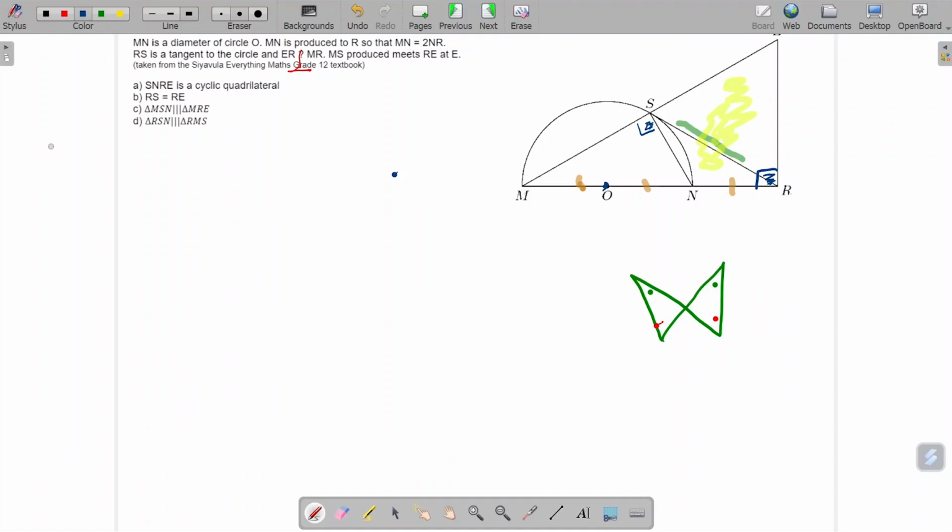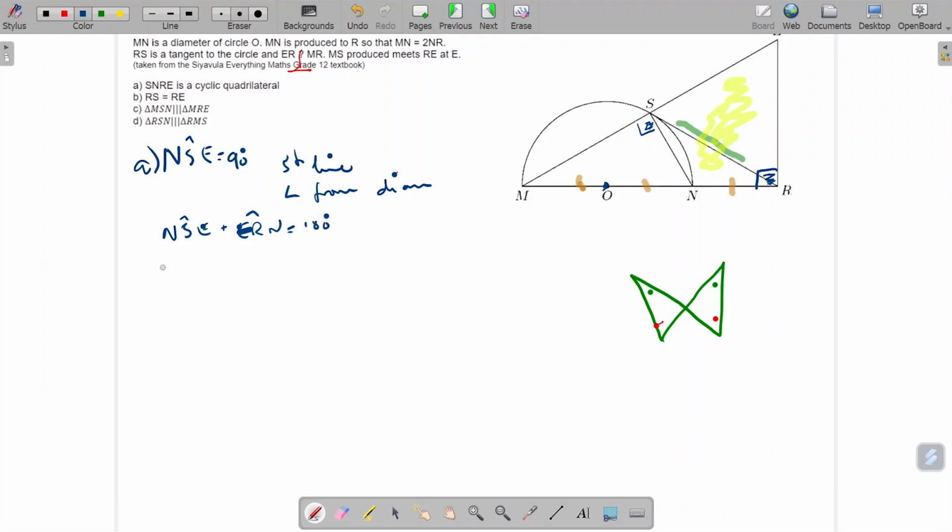So we now have a situation where, for question A, we have that NSE equals 90 because of the straight line and angles from a diameter, and therefore we have that NSE plus ERN equals 180 degrees.